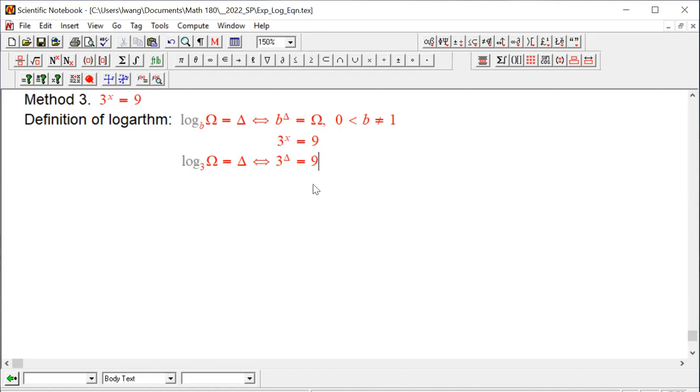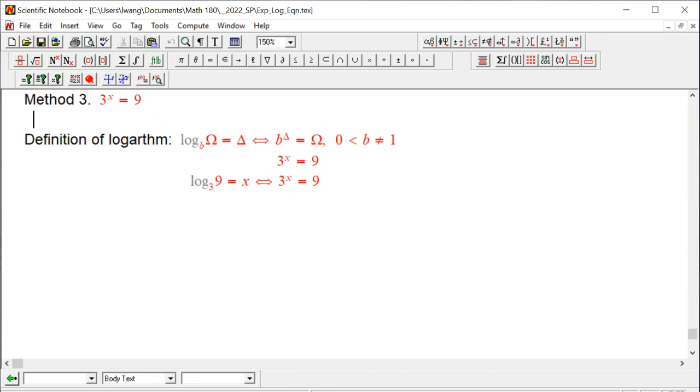Omega is 9, and triangle is what we're looking for, which is x, because it is 3 to the power of x. If we use the definition, then our next step would be x equals log base 3 of 9. Log base 3 of 9, we know that equals 2. So this is using the definition.